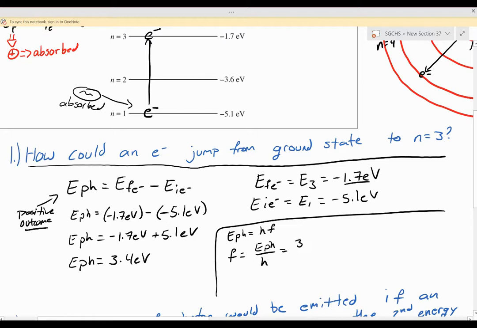Now, this is 3.4 electron volts, so we have to use Planck's constant in terms of electron volts. So that would be 4.14 times 10 to the negative 15 electron volts times seconds. And that will give us 8.21 times 10 to the 14 hertz.